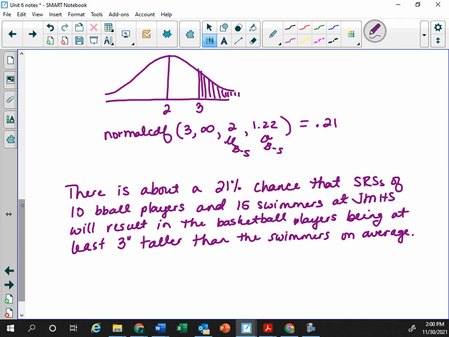Okay. Take a minute, process that. That's what a sampling distribution problem looks like when you're dealing with the difference of means. Questions? Anything at all, Brad?